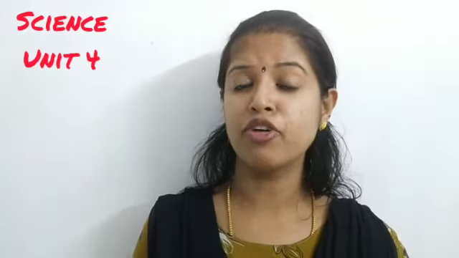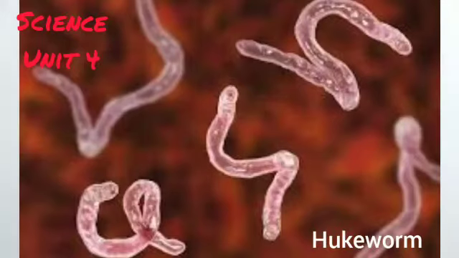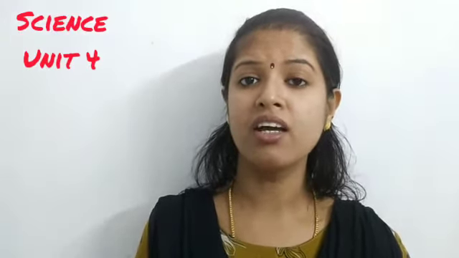For example, if you take tapeworm and hookworm, they live inside the body of the organisms. If you take lice and flea, they are external parasites; that is, the louse is a parasite which lives on the head of the human host.